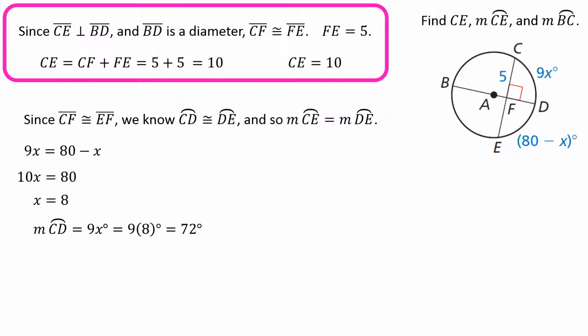Well, I know the measurement of arc CD is 9x degrees. So 9 times 8 degrees is 72 degrees. I know the measure of arc DE is 80 minus x degrees. So that becomes 80 minus 8 degrees, which is 72 degrees.